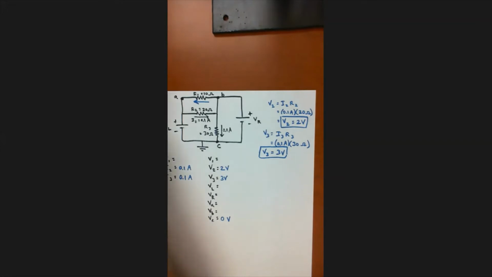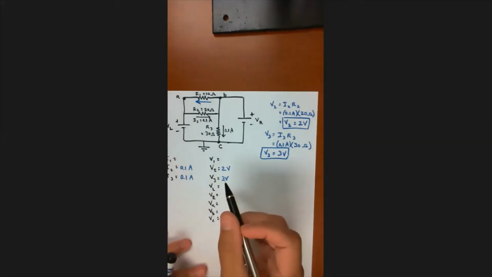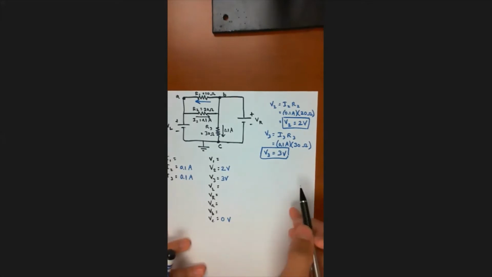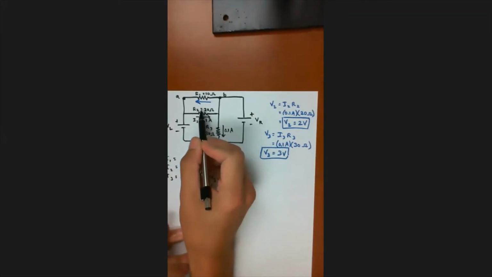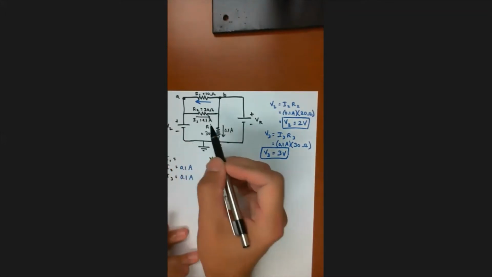All right, so I can actually see several different ways to do this problem from here, and it doesn't make any difference which way we do it from here. You'll get the same answers regardless of which way you do it. So think about what we know and what we don't know. We know everything about R2, its current flow, its voltage drop, and its resistance.